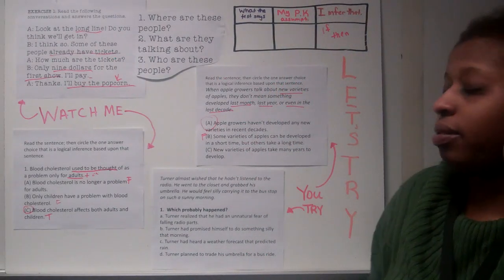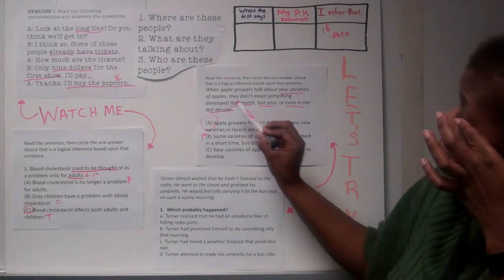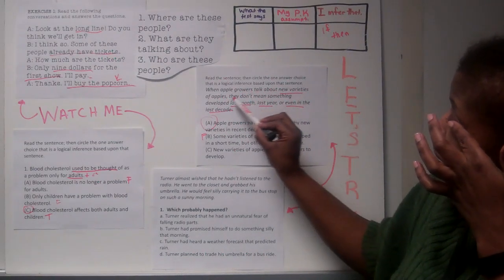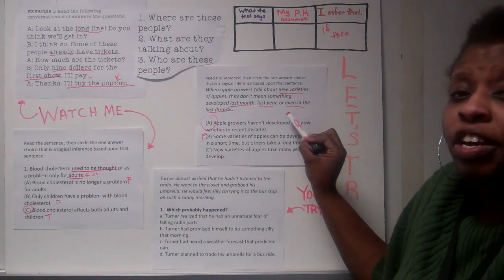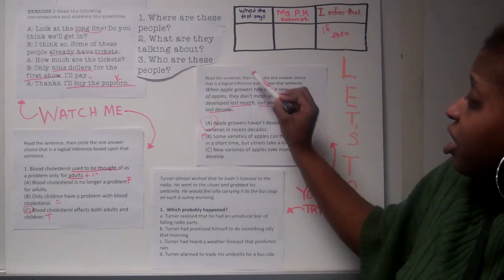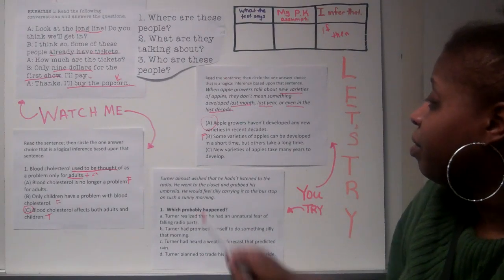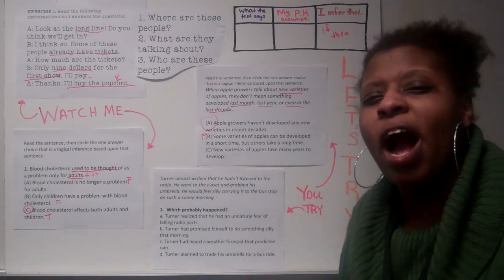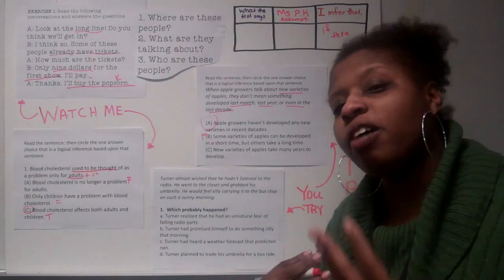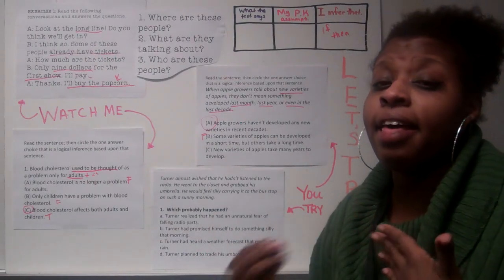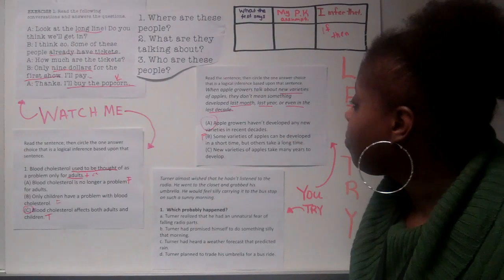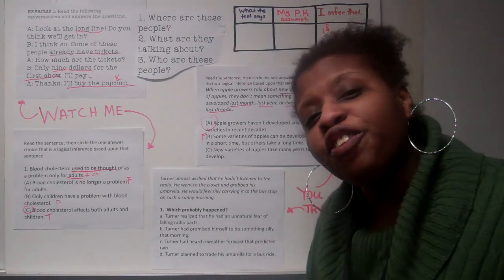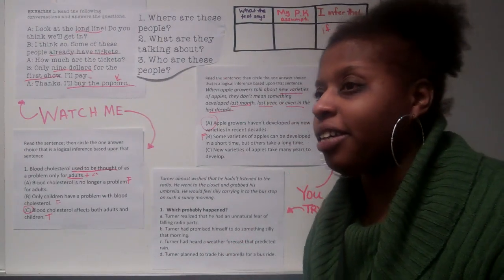So let's look at this one. We've already done it. When apple growers talk about new varieties of apples, they don't mean something developed last month, last year, even the last decade. Which sentence has the logical one? We've chosen A. Why do you think we've chosen A? Pause the video, read it, and think about it. So, did you figure out why A was a good answer?